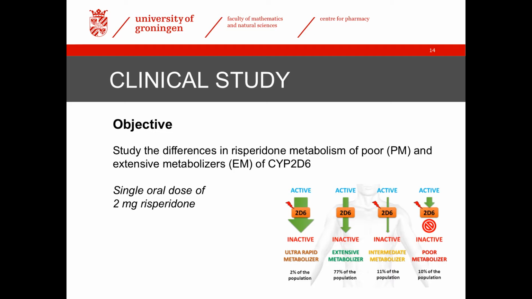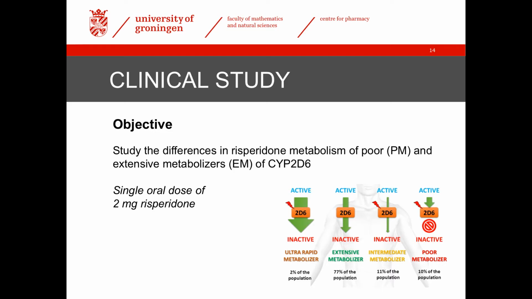About 10% of the population are intermediate metabolizers and they have a lower enzyme activity, while another 10% are poor metabolizers who will metabolize almost no risperidone. And finally, a very small percentage are so-called ultra-rapid metabolizers who have a very high CYP2D6 activity.